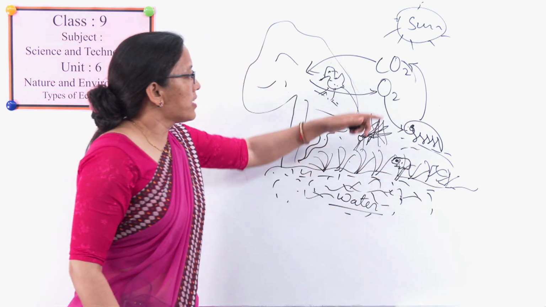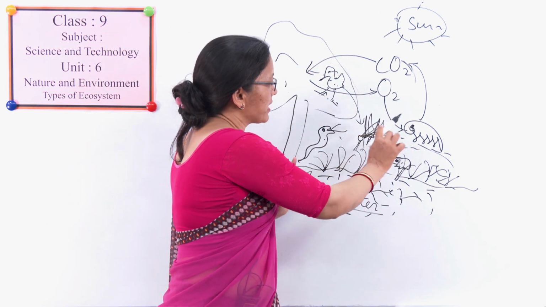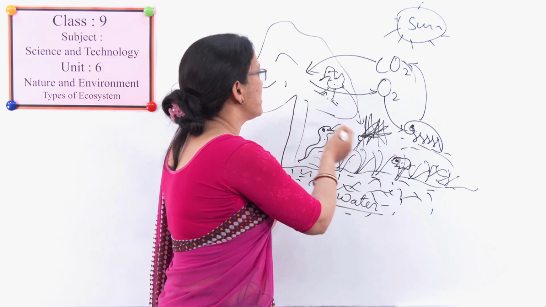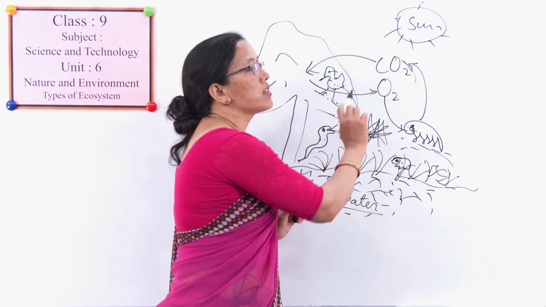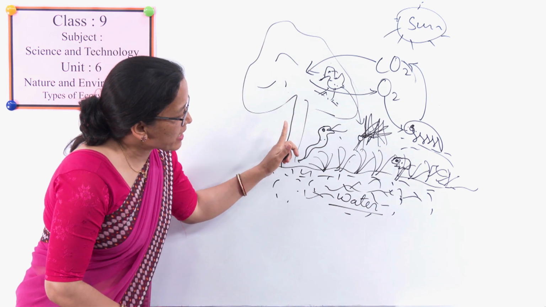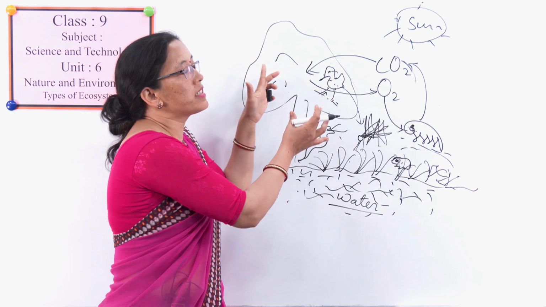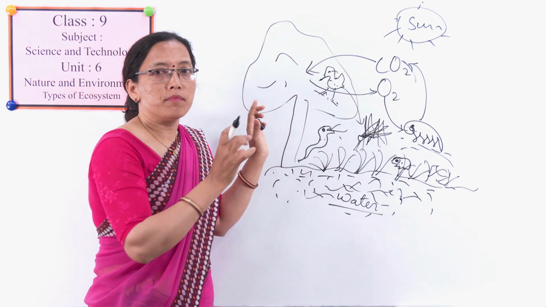In this way, there is balance. During respiration, or breathing, all the animals and plants as well take oxygen and release carbon dioxide. During photosynthesis, this is taken in. So there is a cyclic way going on. And because of that, all the components present in the environment are balanced.